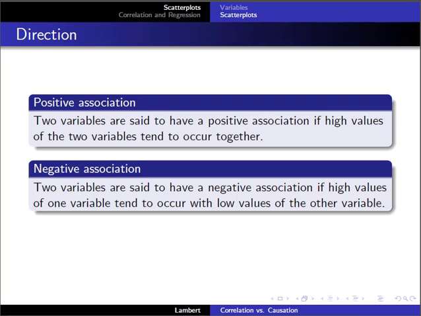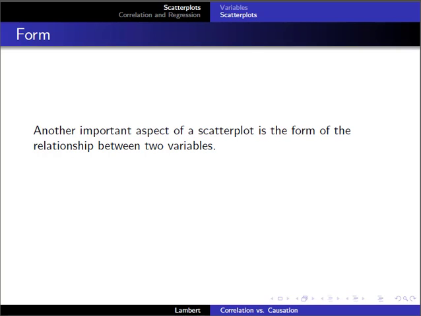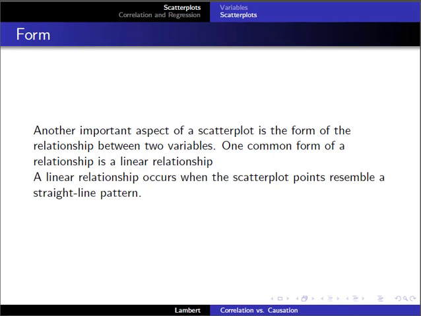Okay, so when taking a look at the scatter plots, we also need to talk about form, and basically we have different sorts of relationships like linear relationships, exponential relationships, quadratic relationships, but the main focus here is going to be linear relationships, and we're going to talk about how close things resemble a line.